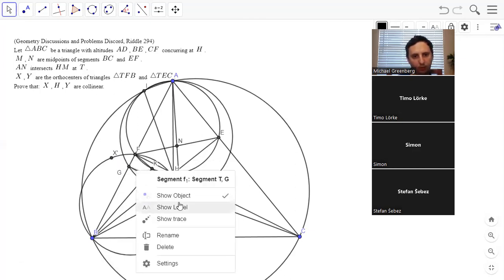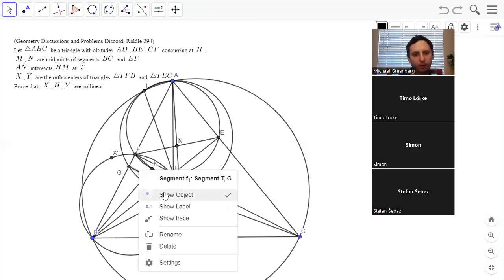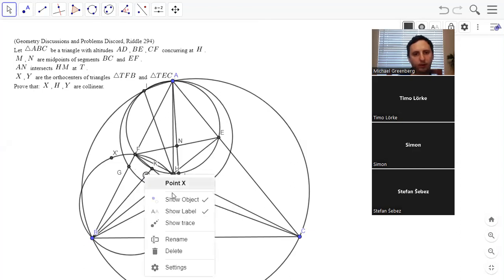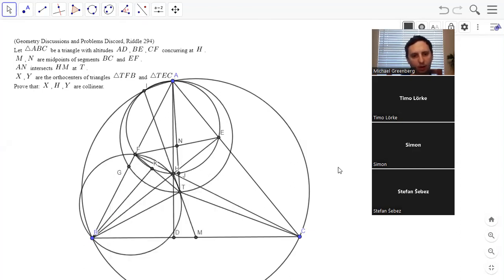We just need to show that if we define K that way, then we want to show BK is perpendicular to TF.